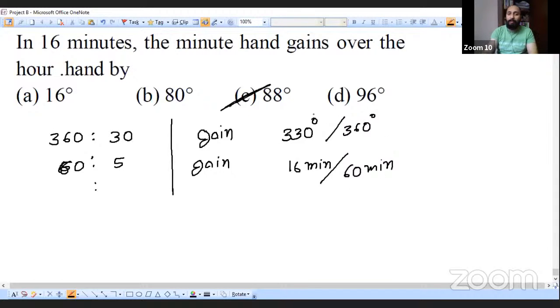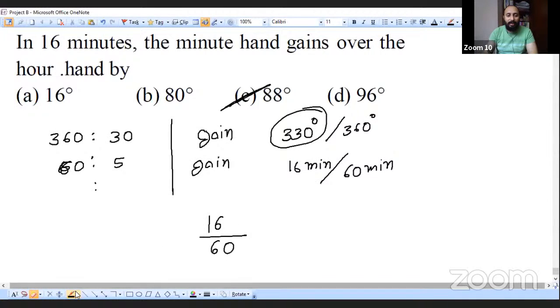So I have to convert it for the gain, for 330 degrees. I am taking 16 minutes per 60, and I have to convert it into degrees.